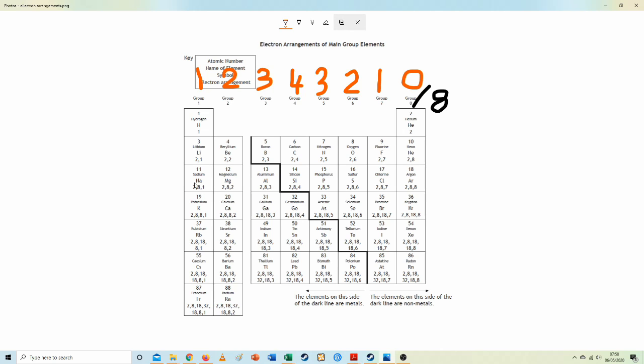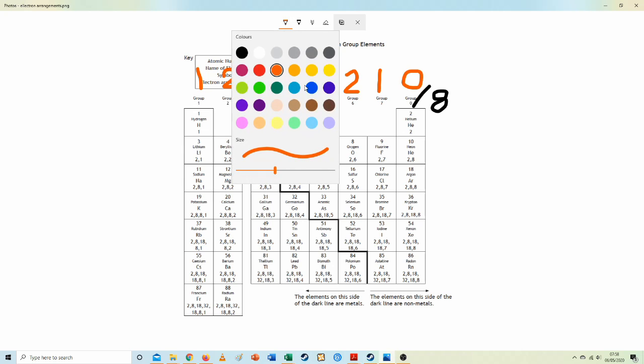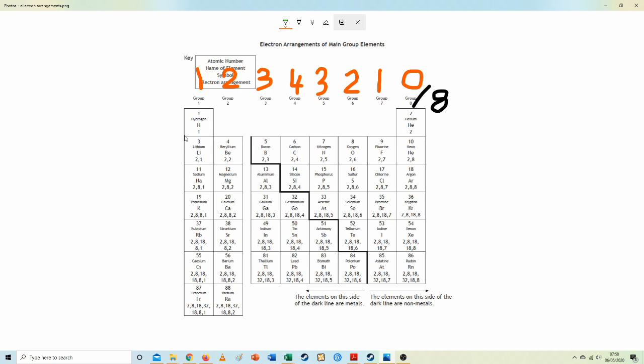Now, what we're going to take a look at is selecting a few of these. To begin with, because we're going to look at covalent bonding, we are only going to focus on non-metals. So hydrogen is weird. It counts as a non-metal, and it also sometimes acts like a metal. Hydrogen's very, very weird.